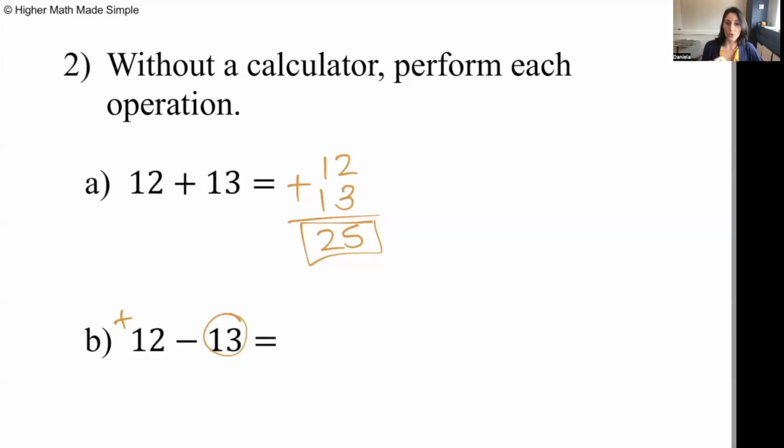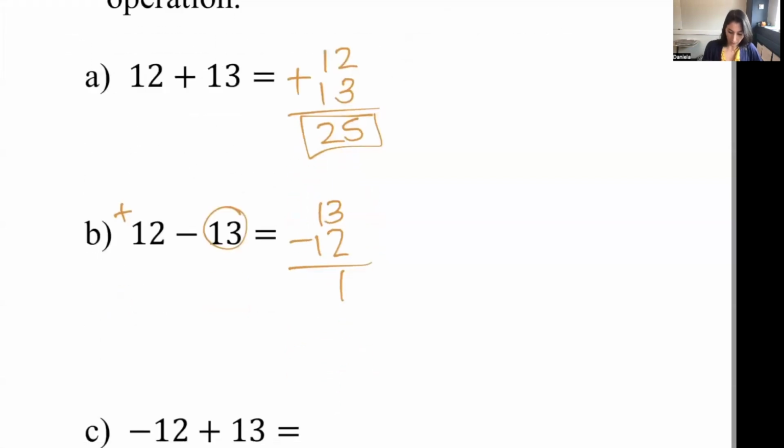And so again, when you do have opposite signs, we're technically subtracting. So 13 minus 12 is technically what we're going to be doing. So 3 minus 2 is 1, and obviously 1 minus 1 is 0. So when we subtract them, we actually get 1. But again, since they are opposite signs, our final answer is actually going to be negative.